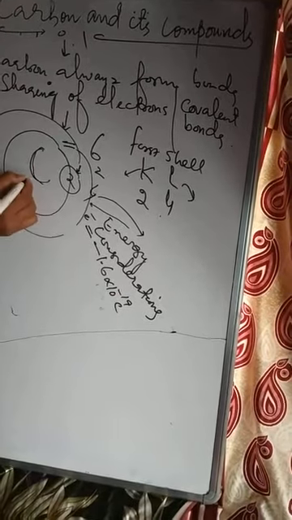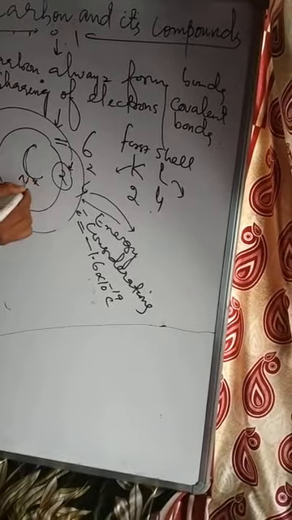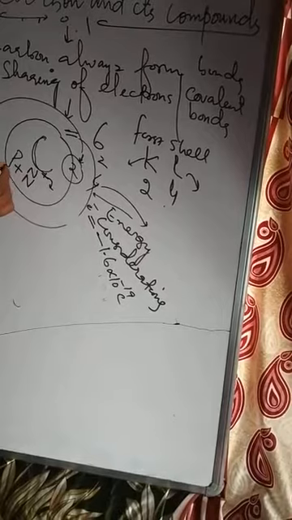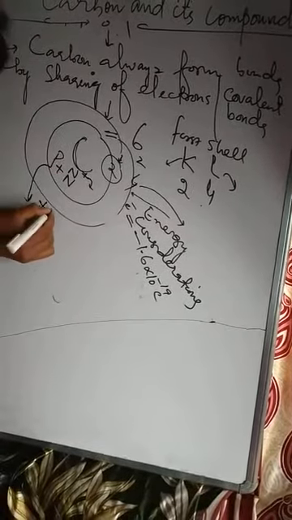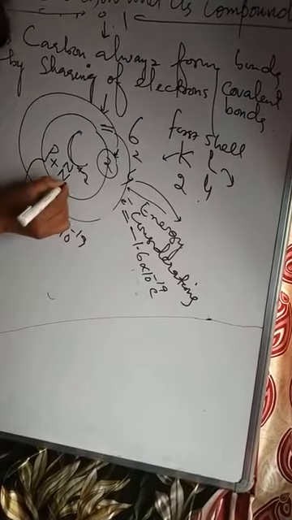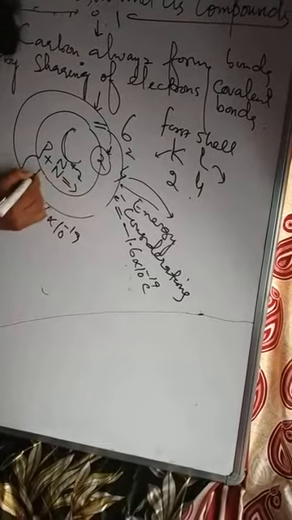The nucleus of carbon has positive charge, containing protons plus neutrons. Protons have a charge of plus 1.6 into 10 raised to power minus 19 coulomb, and collectively, protons and neutrons are called nucleons.